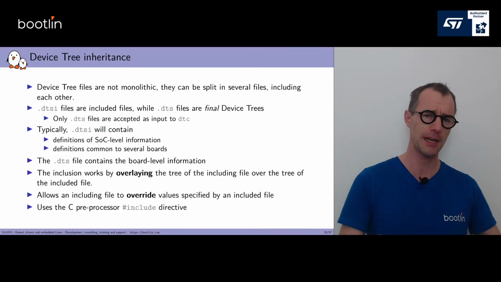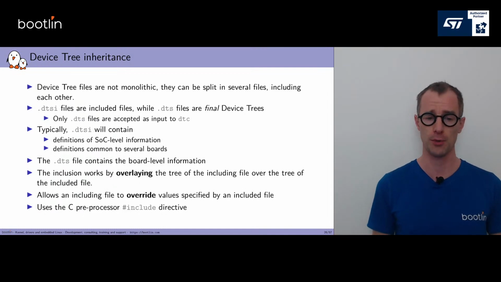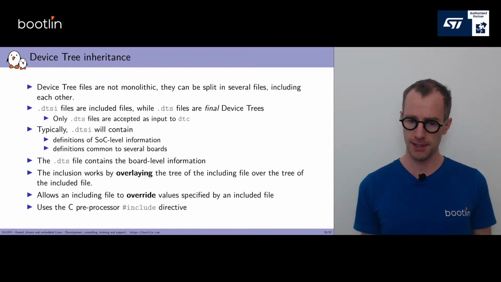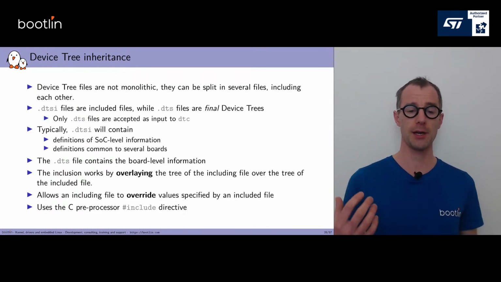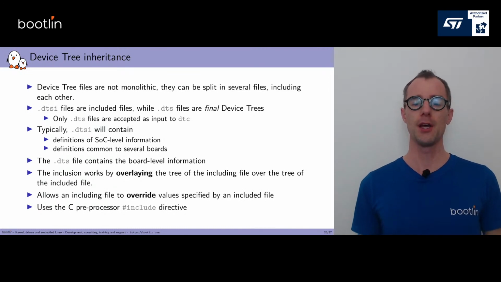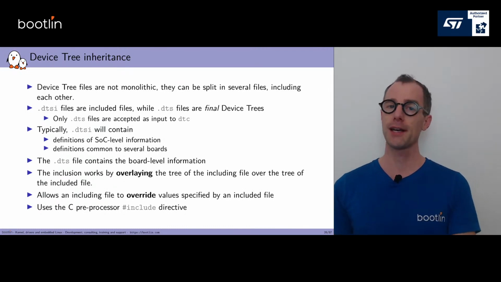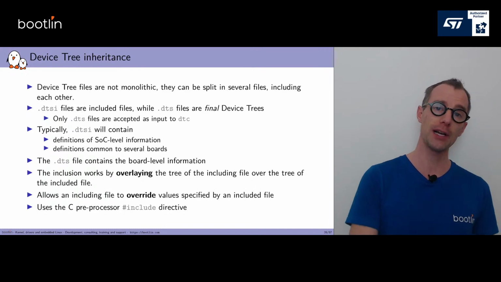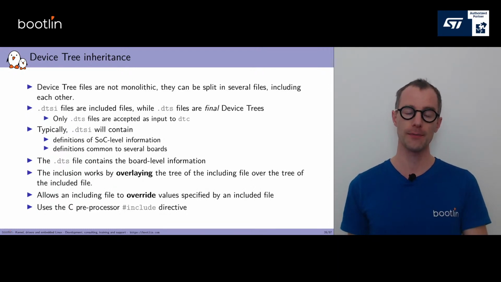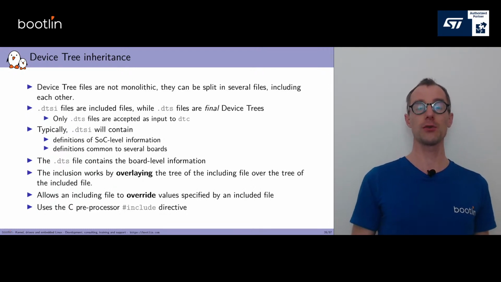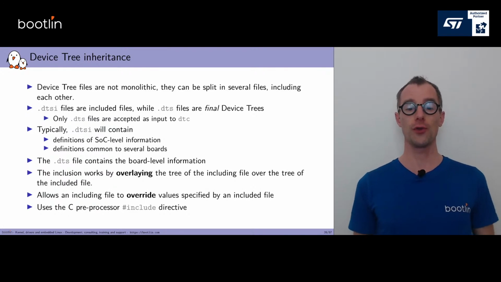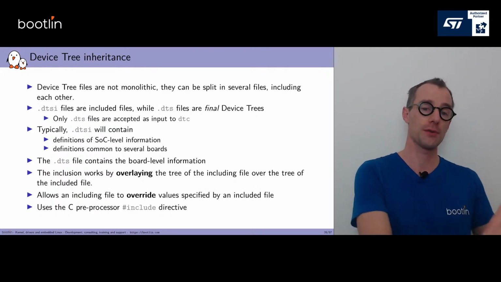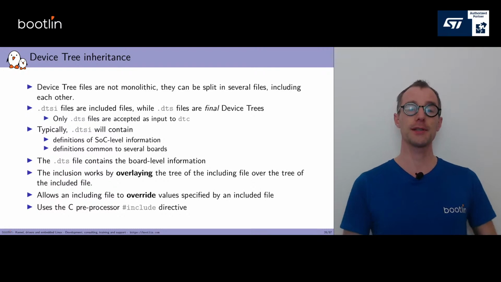So we want some kind of way of sharing that description. And obviously this exists. We have this concept of inclusion of device tree files. So in addition to writing DTS, we can write DTSI files for device tree source includes. And we typically use DTSI to store the description of an SoC or description of hardware that is common between several boards of the same family.